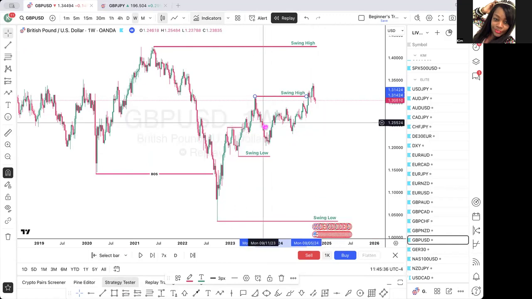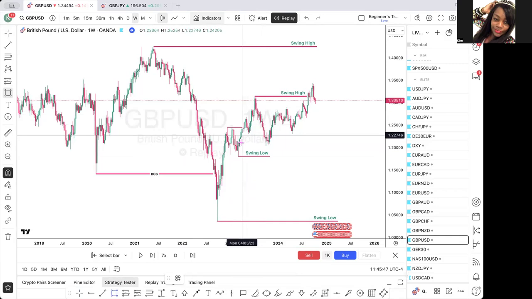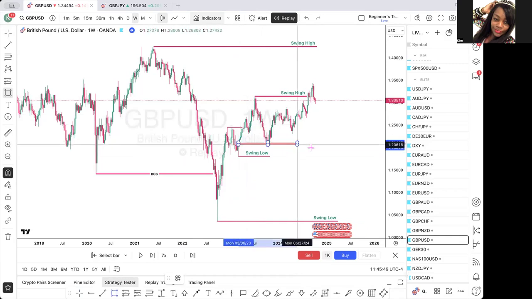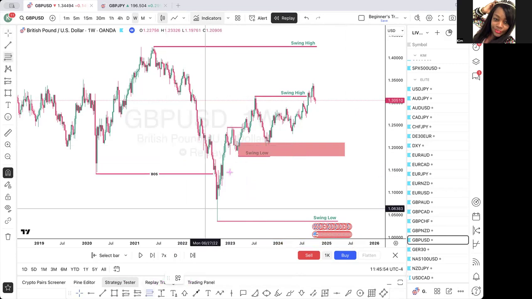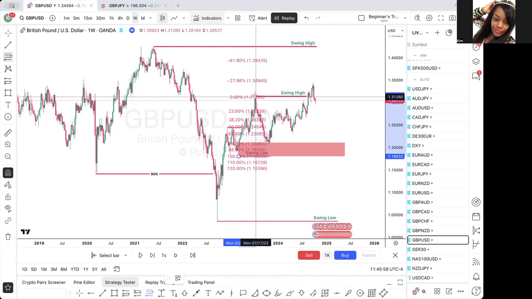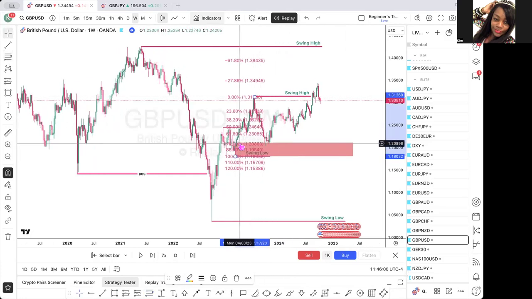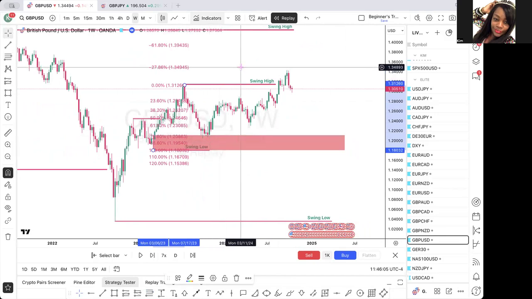Once I see this swing low and this swing high, what do I want price to do? I want price to pull back to my demand zone, which is probably the 78 or the 88. As you can see, it was the 78.